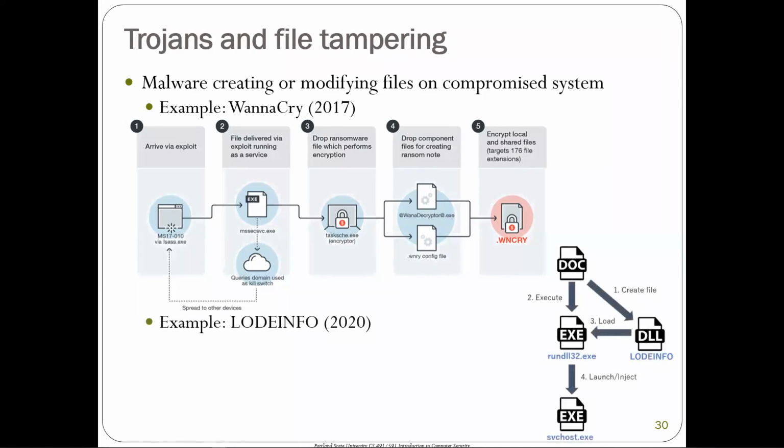Here's another example where you drop an infected document, and it attempts to launch an infected svchost.exe. So this is your legitimate thing that got replaced with a Trojan. Service host is just a standard Windows process for running services.